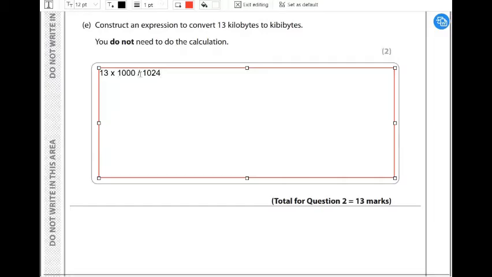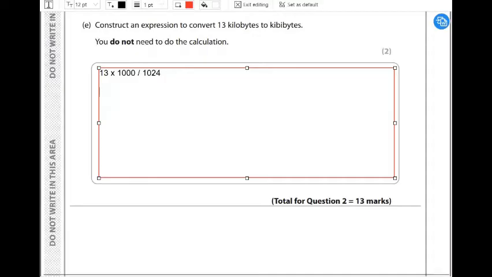So 1,000 for the kilobytes, 1,024 for the kibibytes. Okay? So that's how that would work. That would be one example you could do. With 1,024 as the denominator, and the 13 times 1,000 as the numerator. So that's one example you would do for 2 marks.